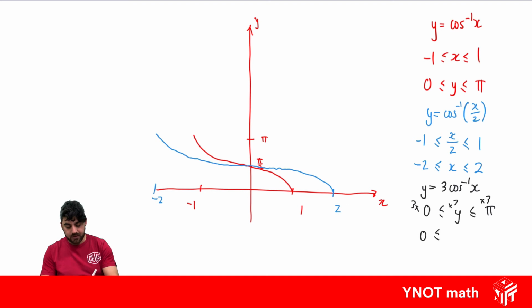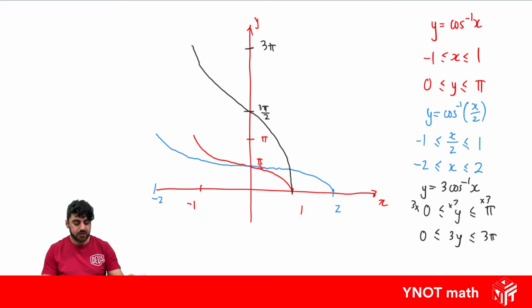We'll get that 3y needs to be between 0 and 3 pi. But again, we haven't affected the domain here, so it'll still be between -1 and 1. We need to go all the way up to 3 pi now, and the halfway point will be 3 pi on 2. Starting from 1 and ending at -1, 3 pi.